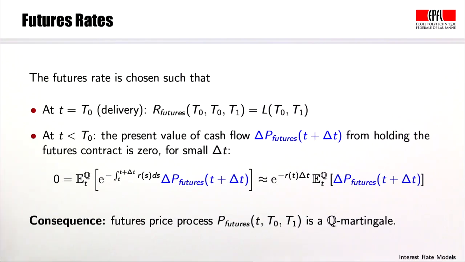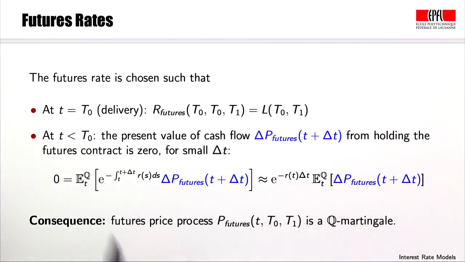The futures rate determining the futures price is chosen according to the following rules. At the delivery date T0, the futures rate is equal to the underlying, which in this case is the simple spot rate.